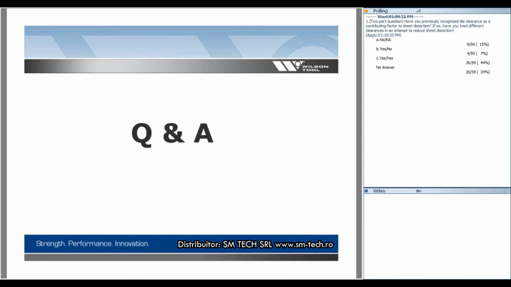Does work hardening play in the sheet distortion, either helpful or detrimental? Yes. Work hardening is coming into play generally when I'm hitting it twice. Say I had to do a preform and then a form. I can be susceptible to work hardening.